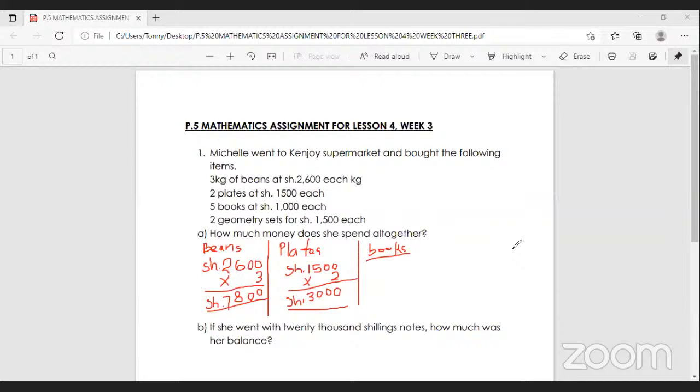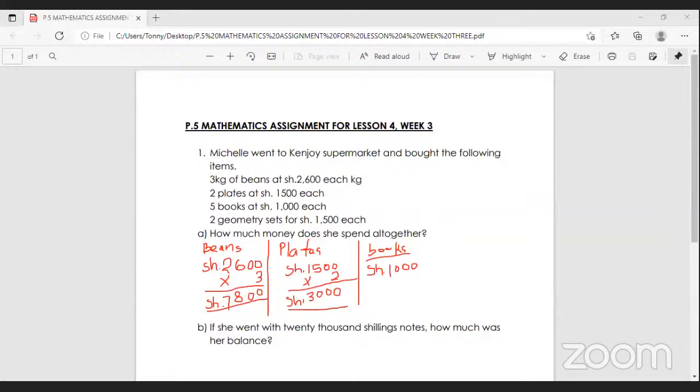Arthur, where are you? Can you talk to us so that you get for us the amount of money spent on books? Arthur, are you able? Oh no, Arthur.